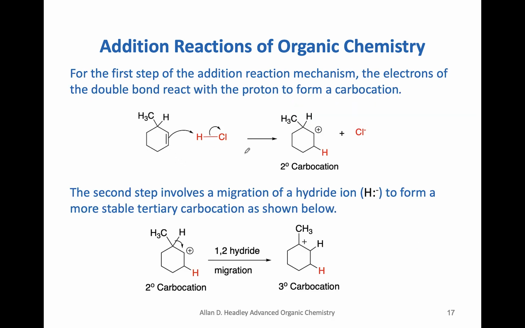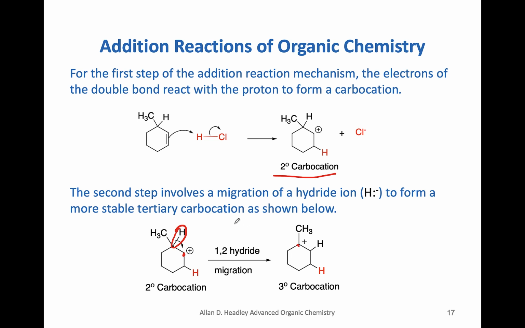So HCl will give this as a secondary carbocation, has no choice. Well, it could add here, but this is the possibility for the secondary carbocation. If this is formed, as you can imagine, the migration of H with its electrons over to this carbon gives a tertiary carbocation, which is more stable.